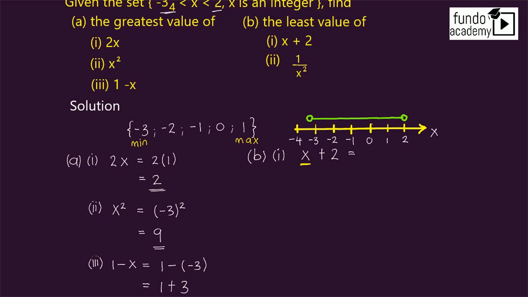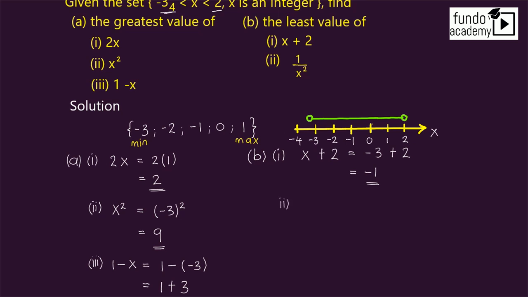The least value of x is -3. So that's -3 plus 2, which will give us the least value, which in our case is -1. That's the solution to B part 1.